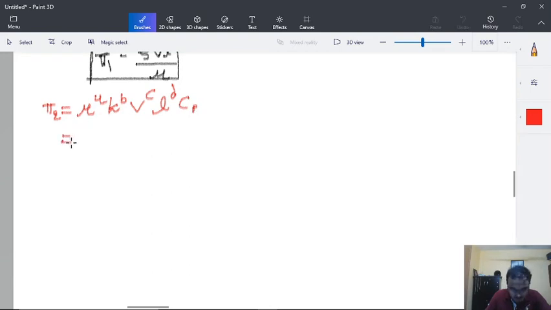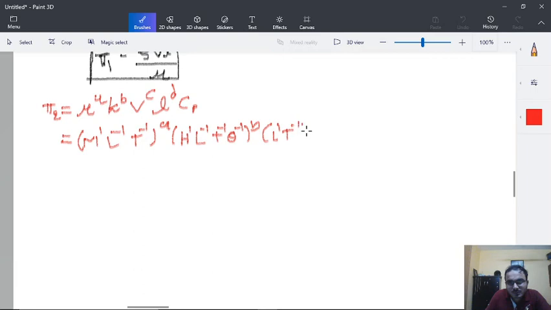So here M^1 L^-1 T^-1 to the a, then k, which is H^1 L^-1 T^-1 theta^-1 to the b, L^1 T^-1 to the c, L^1 to the d, and the last term is H^1 M^-1 theta^-1. So let's combine them together.